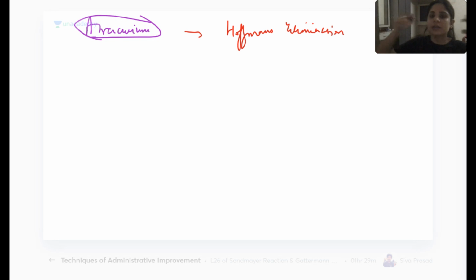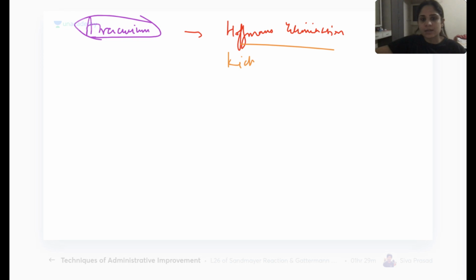In the plasma, the atracurium will get metabolized on its own. It does not depend on the kidney, the liver, or any organ. Directly it will go into the plasma, get metabolized and its action will get over. Because of Hofmann's elimination, if there is kidney or liver failure, you will prefer to give atracurium as the muscle relaxant of choice.